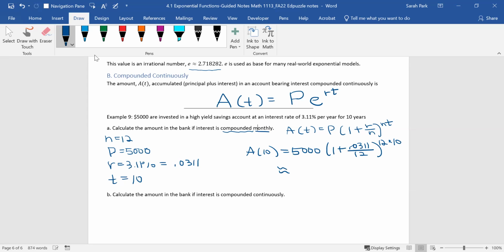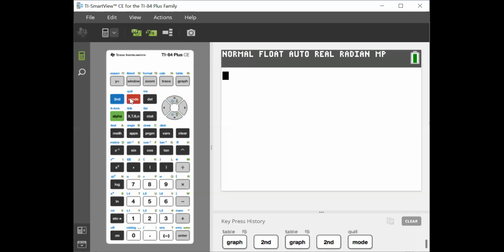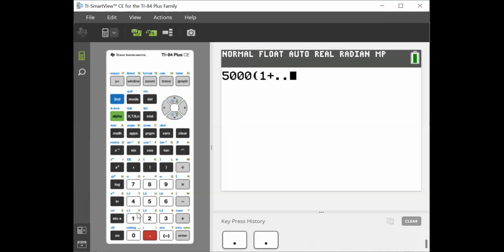I'm going to pull out our calculator for this. Let's pull that out and calculate this together. Okay, so if we go to our main screen, we have 5,000 times (1 plus 0.0311 divided by 12).